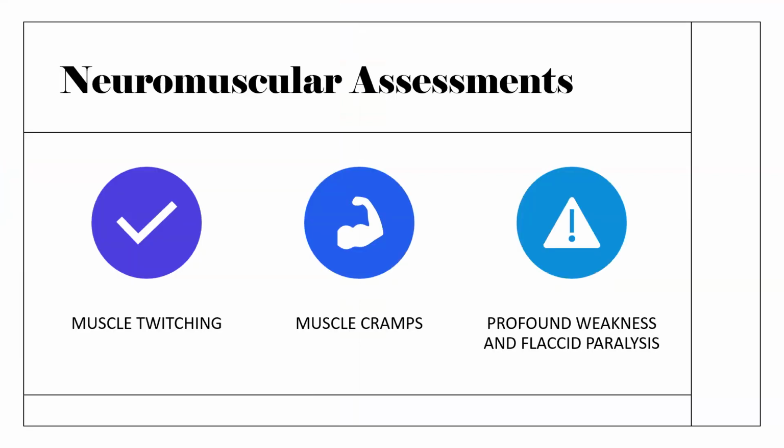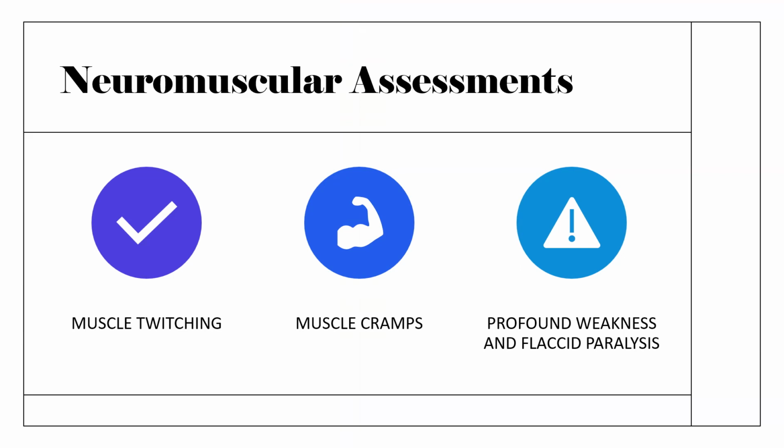Now, in the neuromuscular assessment, early signs of hyperkalemia could be muscle twitching, cramps, and paresthesias. Late signs could be profound weakness and ascending flaccid paralysis in the arms and legs.